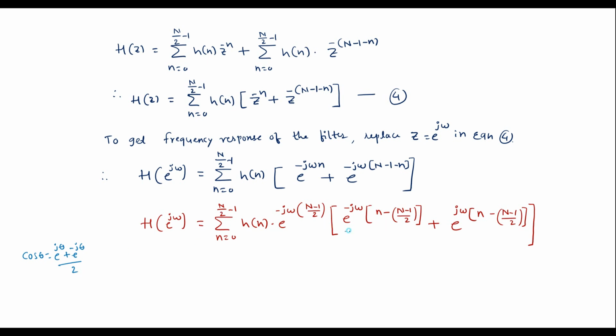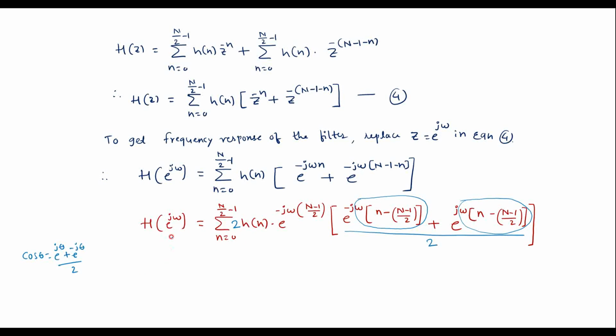So I will divide this by 2 to get this form, and here I will multiply this by 2. It doesn't make any difference. Now we can see that this term is theta and this term is minus theta, that is e power j theta, e power minus j theta.